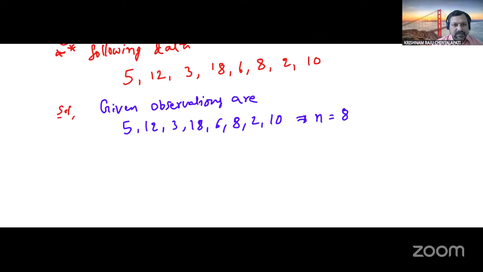Mean x bar equals sum of observations divided by number of observations.